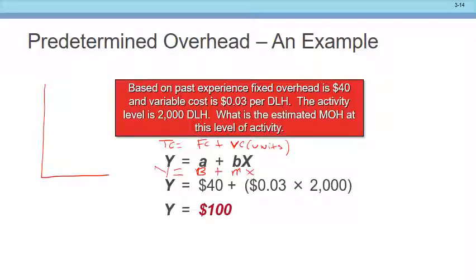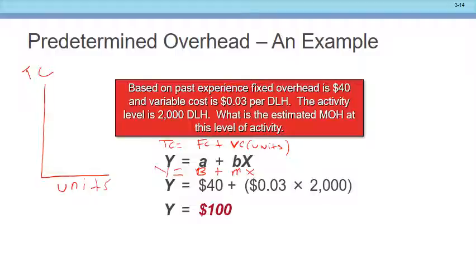if this is my total cost up here, and this is my x-axis, the number of units I produce. And remember, guys, what did we say about fixed cost? My fixed costs remain regardless of the number of units I produce, right?